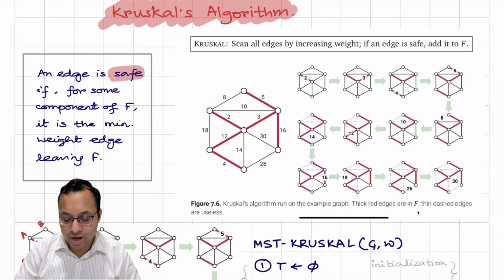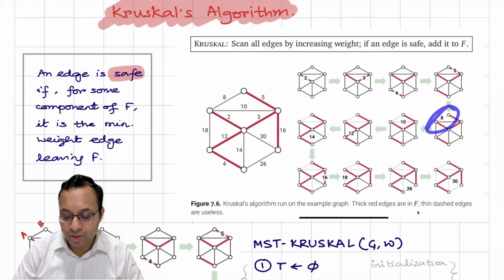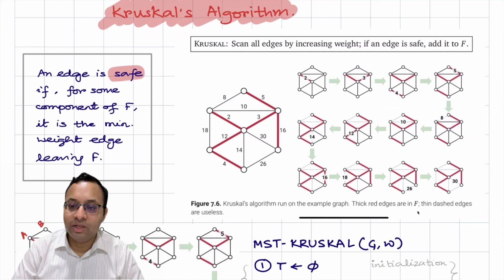Then 5 we add, and then we have 8, which is slightly different. Now when we look at 8, both the endpoints are in the same component. So if I add 8 now, it will create a cycle. So it is no more a safe edge, it's a useless edge. So I don't add 8. Then we go to 10. Again, both the endpoints are already part of the same component. We don't add it.